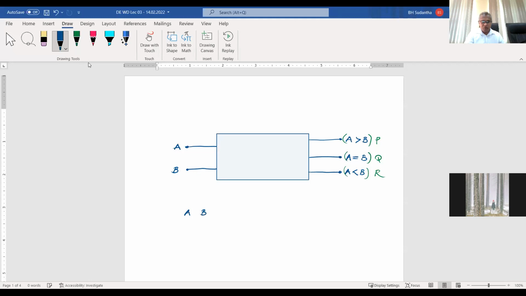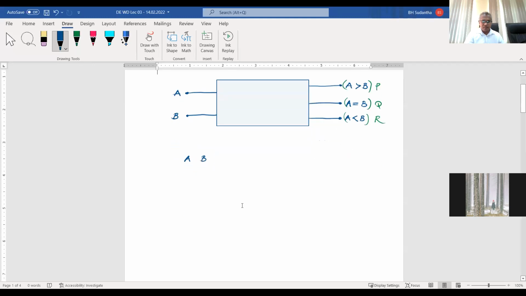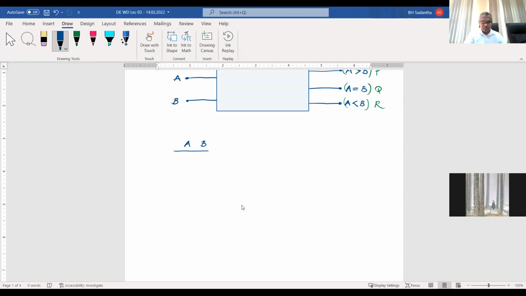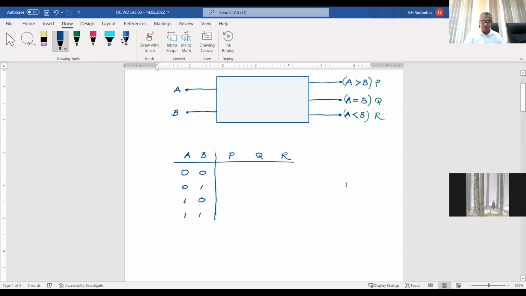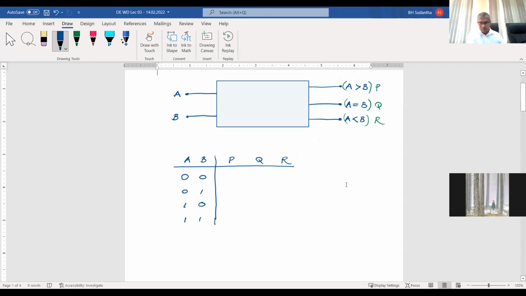We have two input columns, A, B. These are the four combinations we have. And P, Q, R. What is P? A greater than B. P is A greater than B. Okay.